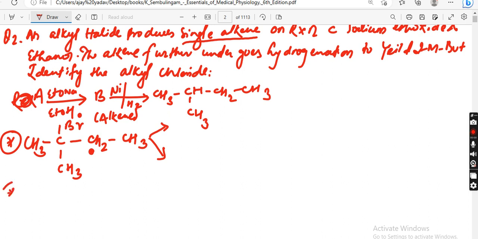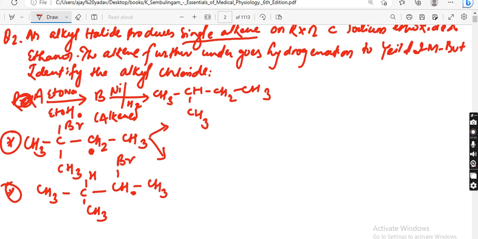If the bromine was here, then also two products would have been formed. Suppose CH3, CH, CH3, and this is CH, and there is Br, and this is CH3. Then also two products, because this is an alpha beta elimination reaction.